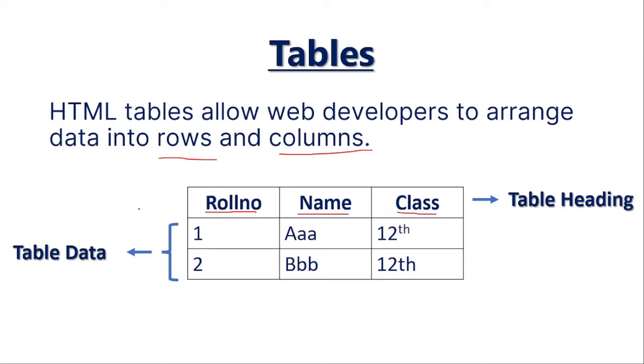So for creating this first row and for creating some other rows also, you have to differentiate them. आपको ये ध्यान में रखना पड़ेगा कि ये जो आप पहली रो क्रिएट कर रहे हैं उस पहली रो को आप टेबल हेडिंग की तरह कंसीडर करेंगे एंड रेस्ट ऑफ द रोज विल बी कंसीडर्ड एज टेबल डेटा. जो टेबल हेडिंग होती है उसके अंदर लिखा हुआ जो डेटा होता है वो बाय डिफ़ॉल्ट सेंटर में आता है और बोल्ड होता है, और जो टेबल डेटा होता है वो बाय डिफ़ॉल्ट लेफ्ट साइड में आता है और बोल्ड भी नहीं होता है. ठीक है, इस चीज़ का आपको ध्यान रखना है.